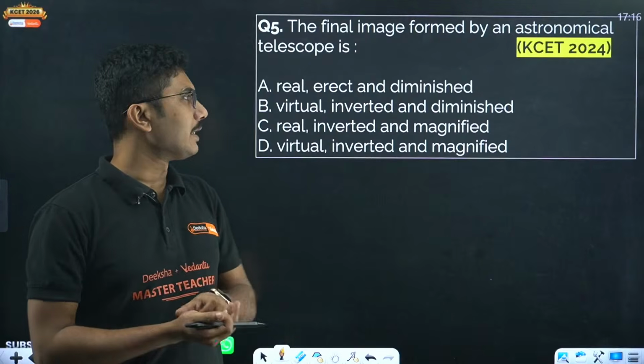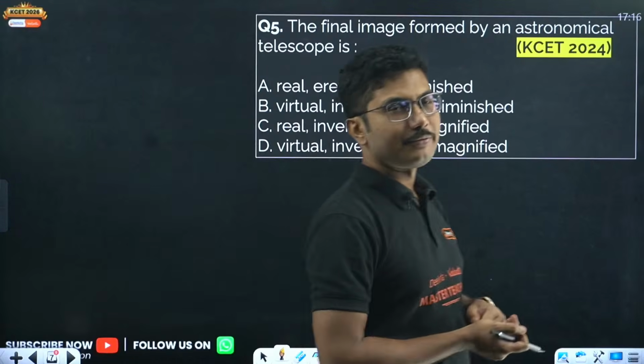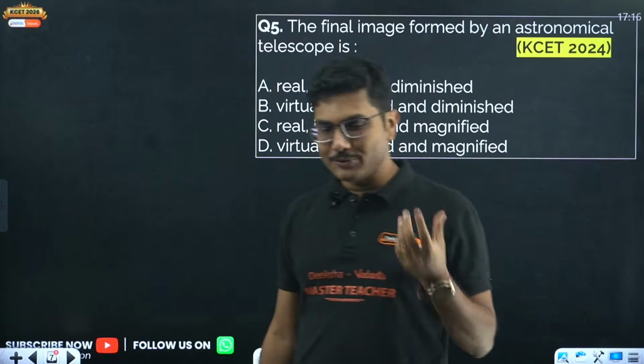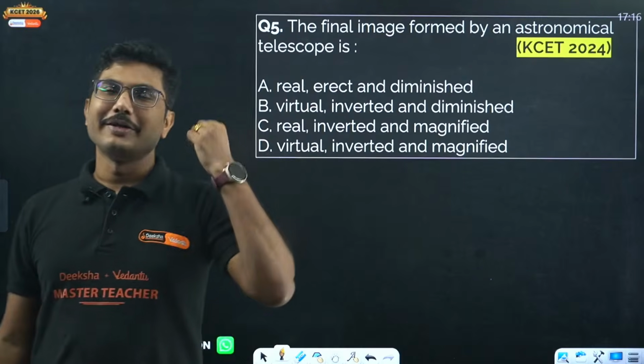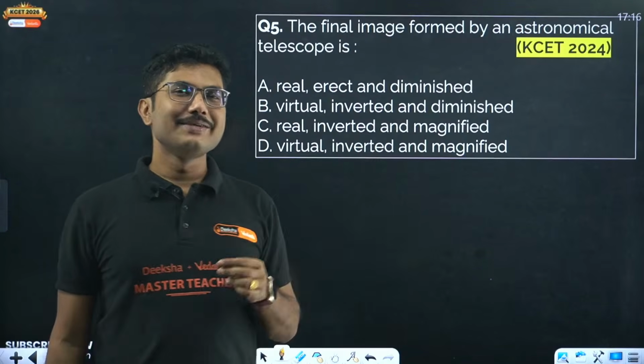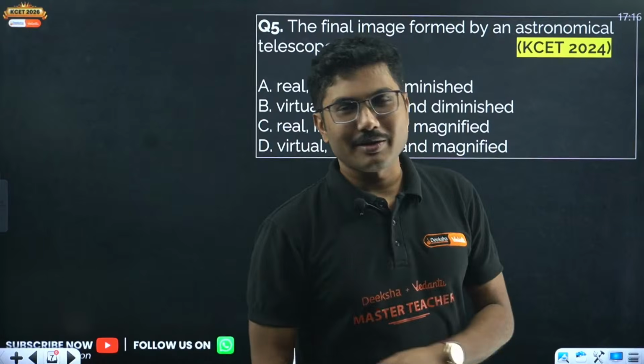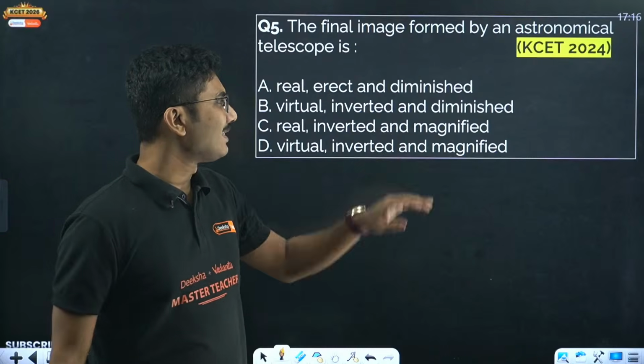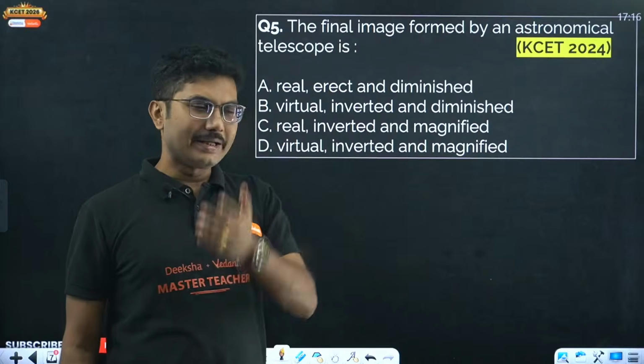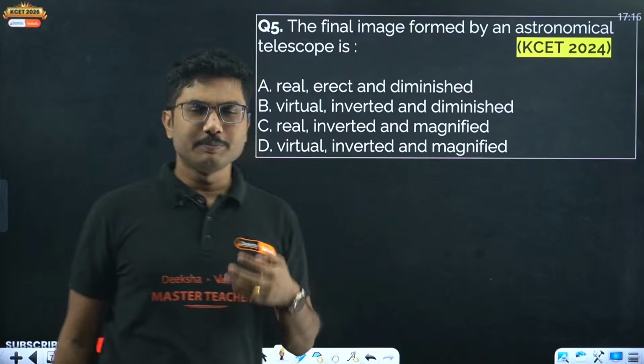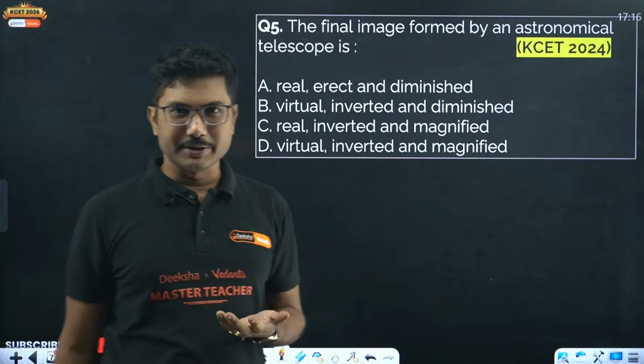Magnified is obviously clear, it cannot give a diminished image. If the role of the telescope is to observe objects which are already small, and it gives you an even smaller image, you will not even be able to see it. So obviously it is a magnified image, be it microscope or telescope, they give you magnified images.